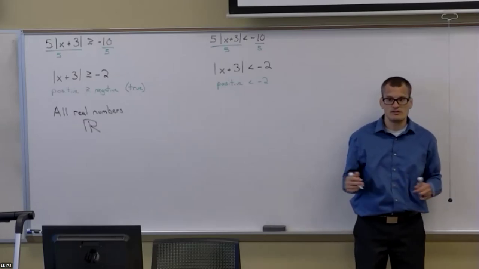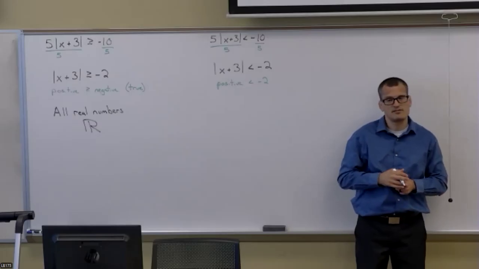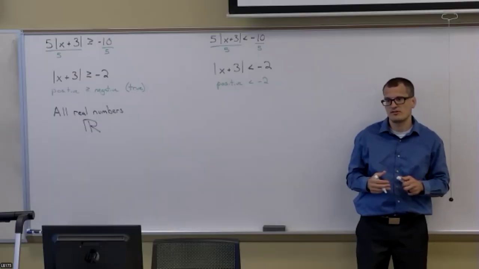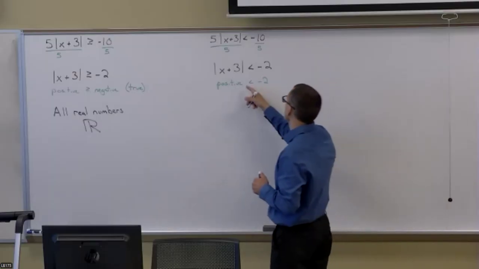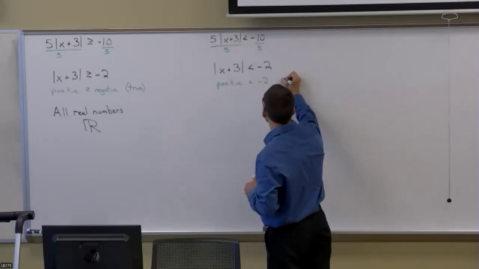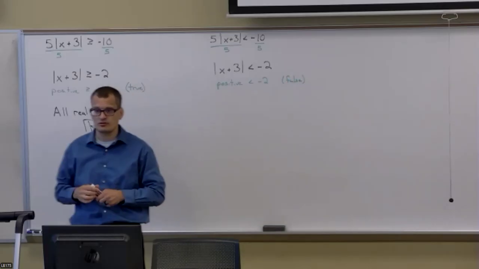That's always false. Right? 5 is not less than -2. 38 is not less than -2. So this is always false. And you know what that means too. That means no solutions.